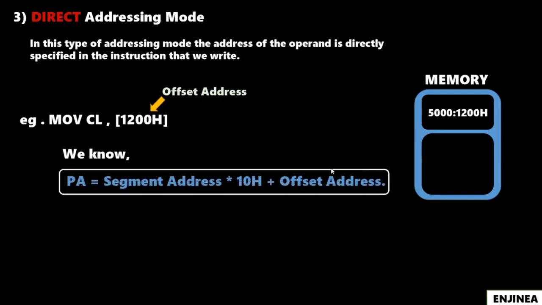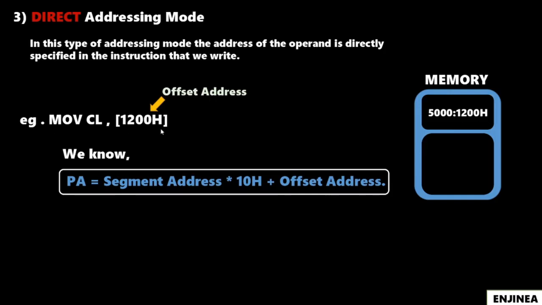We know the physical address of any location in the memory is calculated as segment address times 10H plus offset address. So in this memory we can calculate the actual physical address by multiplying 5000 by 10H and adding the offset address, which is 1200H.